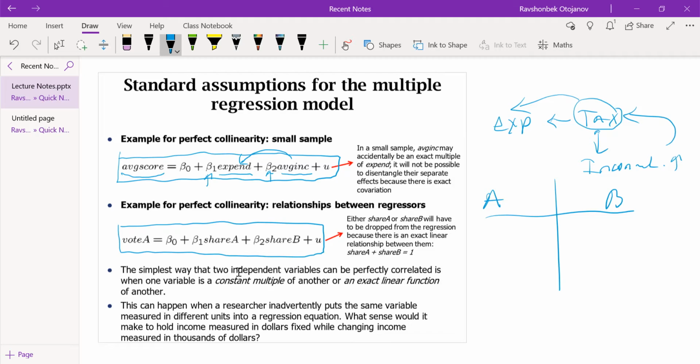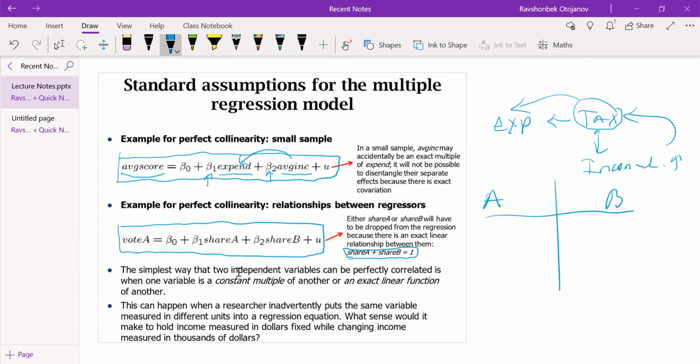For example, share A is a variable measuring the share of campaign spending by candidate A, and share B is a measure of the proportion of spending by candidate B in their campaigns. And share A plus share B is equal to 1. So if there is a given total spending, then we simply split it into share A, the share due to candidate A, and share B, that of candidate B, right?